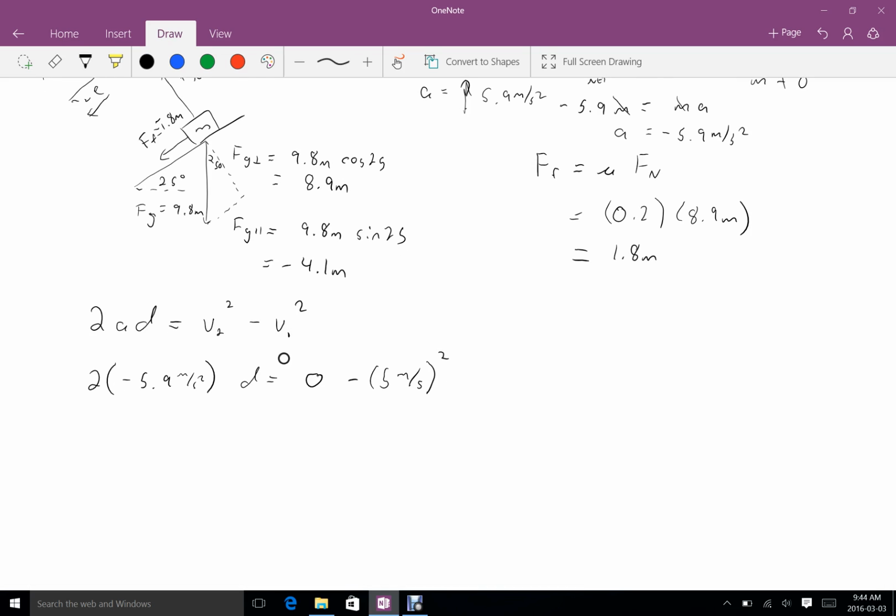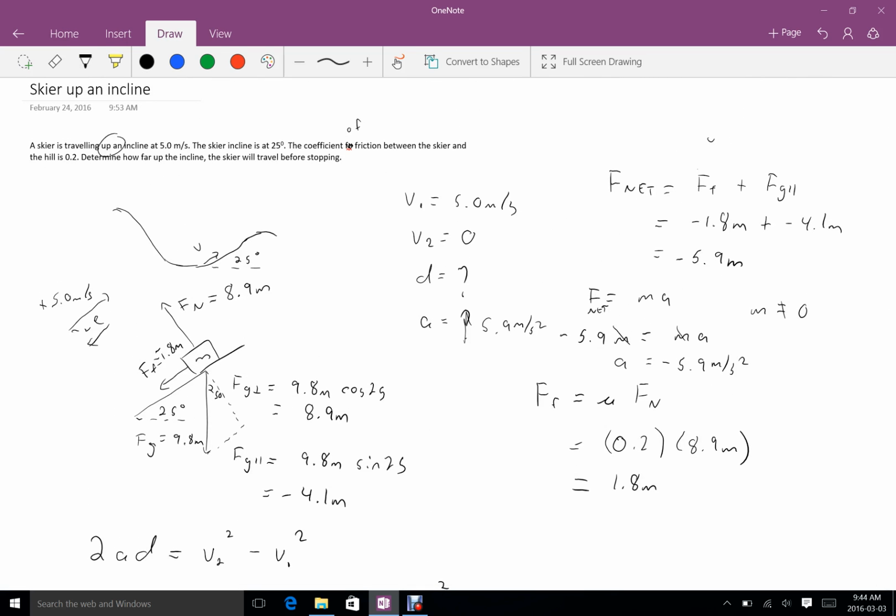So on this side, negative 11.8 meters per second squared d is equal to negative 25 meters squared per second squared. Dividing both sides by negative 11.8, my distance works out to be 2.1 meters.